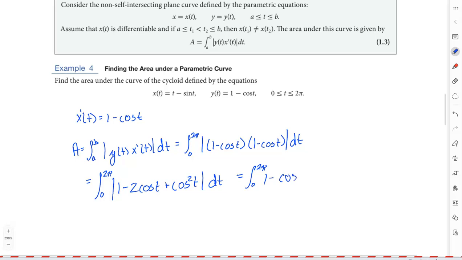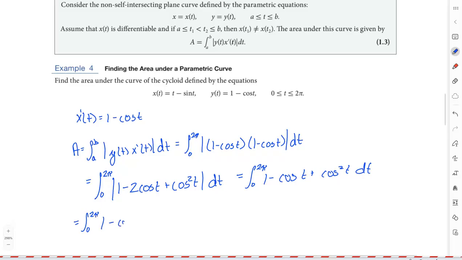One minus 2 cosine of t plus cosine squared of t dt. So I can integrate the 1 and the cosine of t, but I'm going to have to do a substitution for the cosine squared. I know cosine squared using the power reduction formula is 1 plus cosine of 2t over 2.